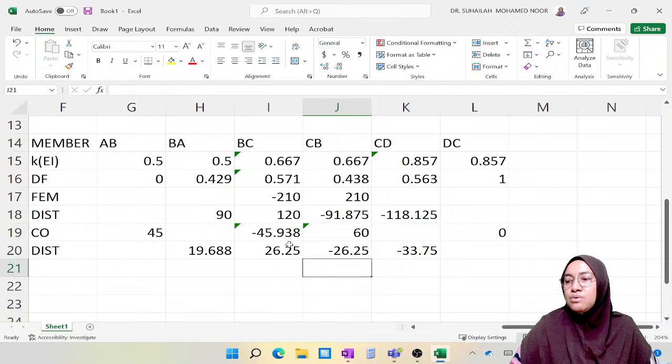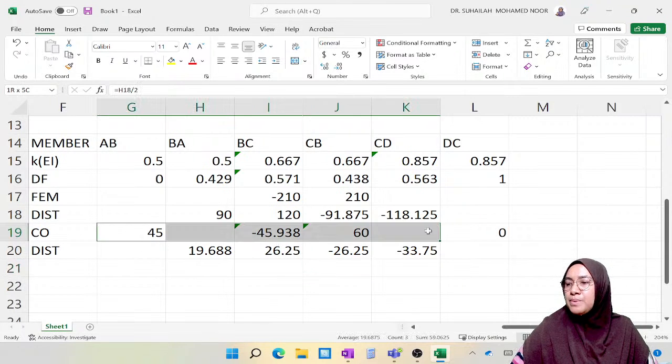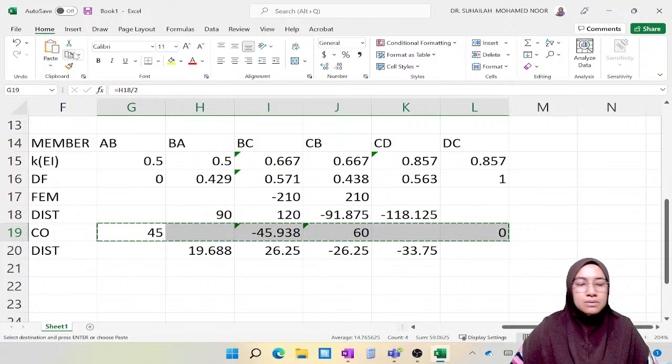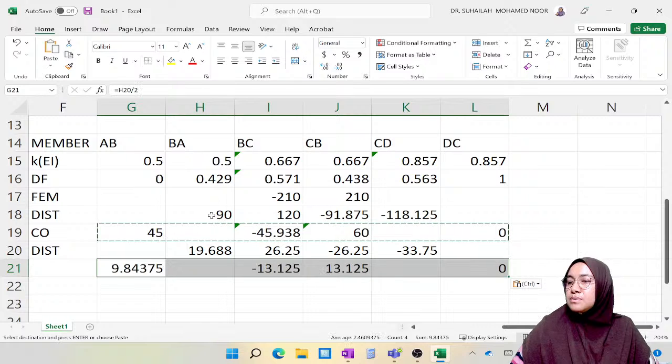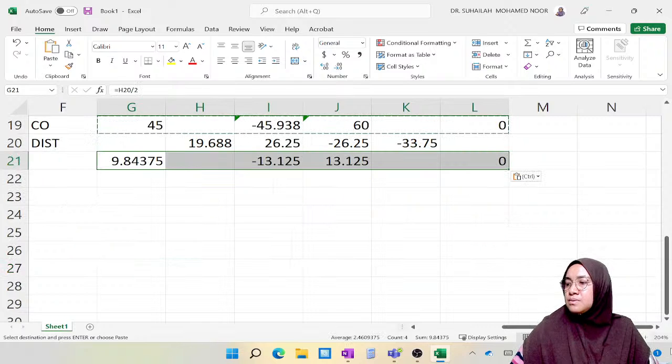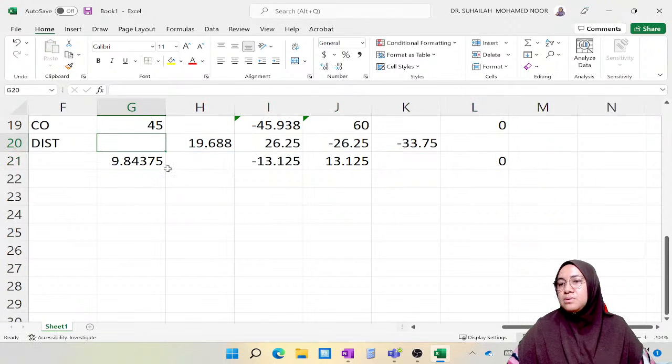Is it 0? Okay, if we get 0, then we should continue to carry over. So I copy this carry over. Actually, we can copy the whole thing also.